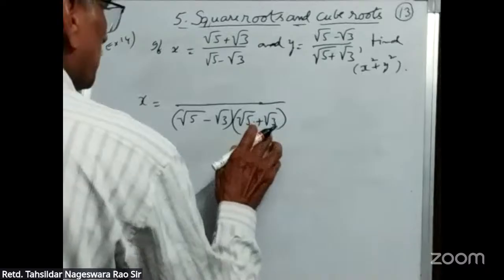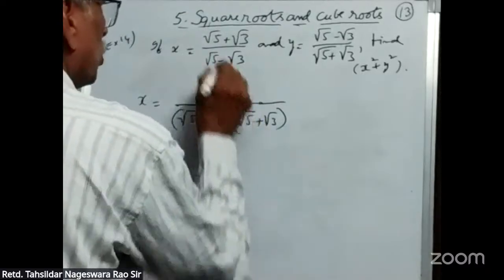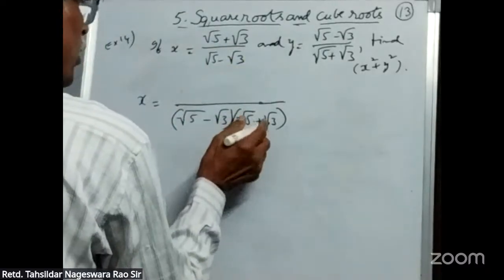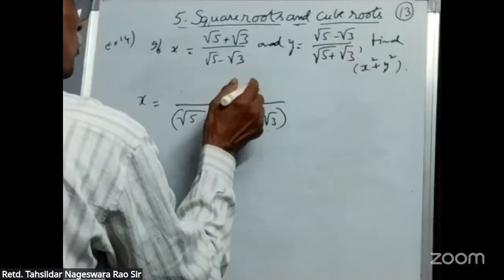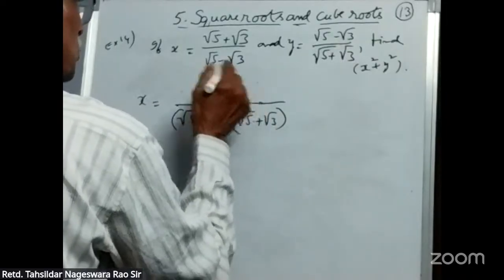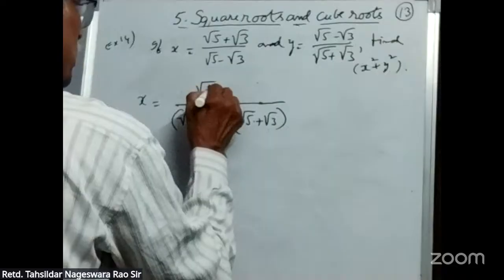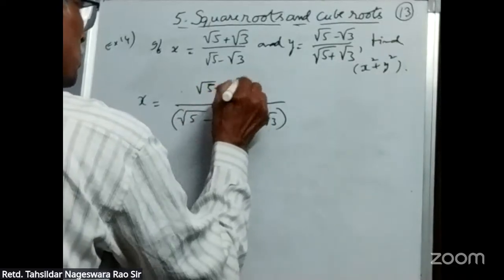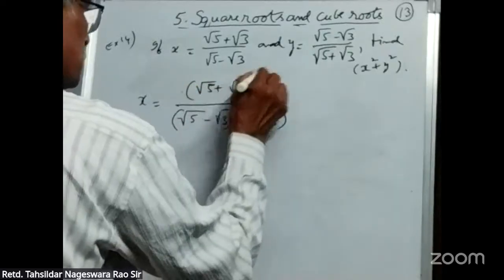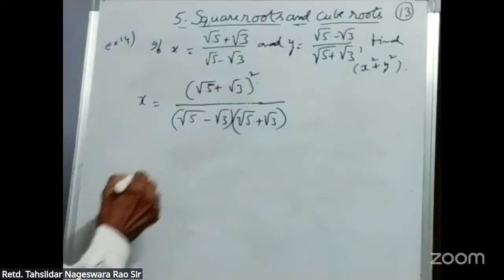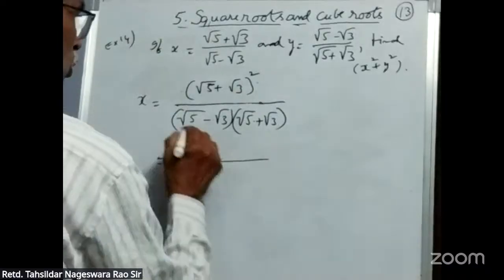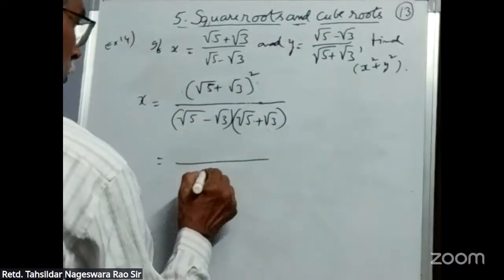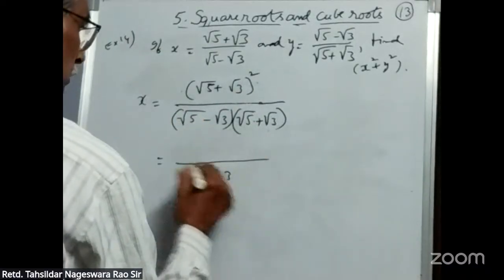Multiply by root 5 plus root 3. Here already root 5 plus root 3 is in the numerator, so multiply root 5 plus root 3 by root 5 plus root 3. That will be root 5 plus root 3 whole square. Denominator will be root 5 square, 5, minus root 3 square, 3: 5 minus 3, which is 2.